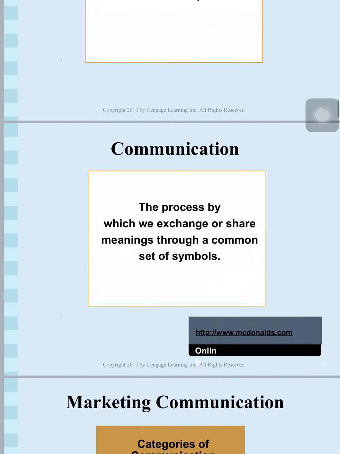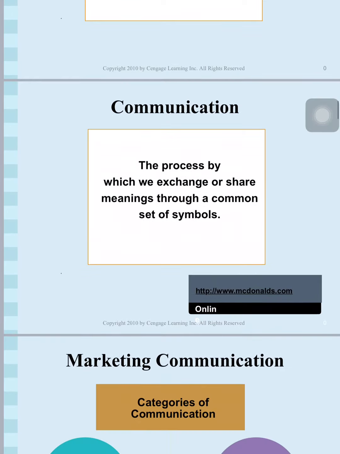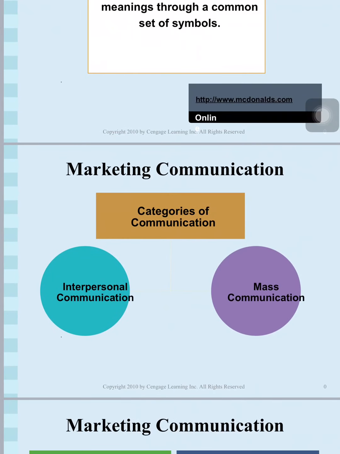Especially when they develop a new product, or come out with a new product from the old product or service, they have to put effort into communication in order to share the information or the benefit, or to create awareness in their target market. So marketing communications have two categories, which are interpersonal communication and mass communications.